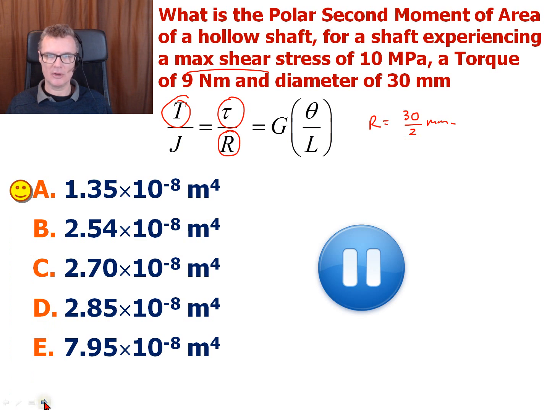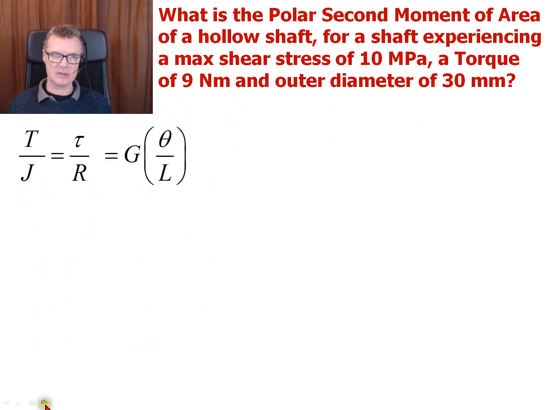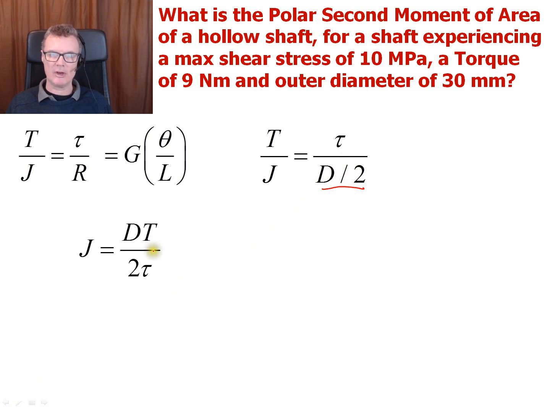And hopefully you got the solution, which is the first one, A. So let's have a look at that. So we start off with the torsion equation. We know that R is equal to D divided by 2. We'll rearrange this to find what we're looking for. We're looking for the polar second moment of area.